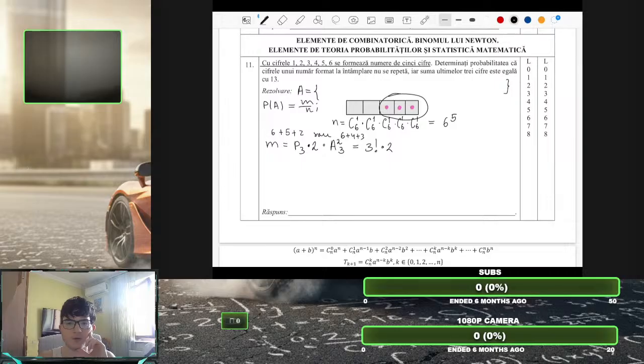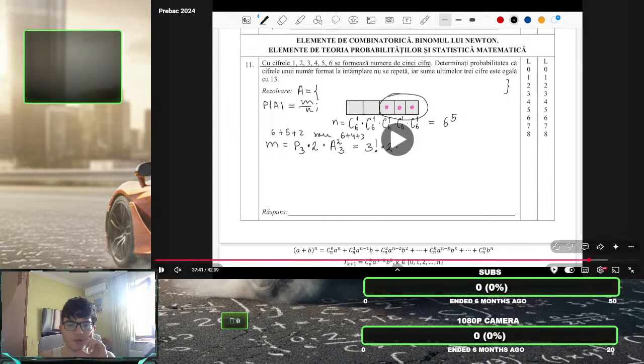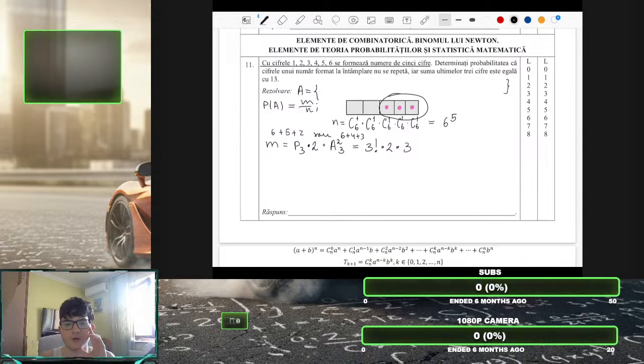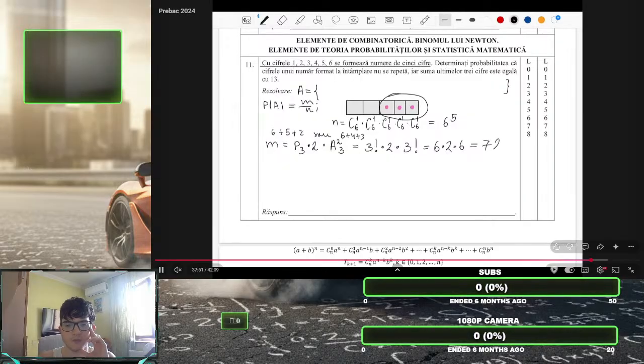It sounds hard. So we're going to have that times 2, and right there, 3 factorial divided by 2 factorial, or not, so by nothing. And we're going to have 6 times 2 times 6, so that is 72, right?